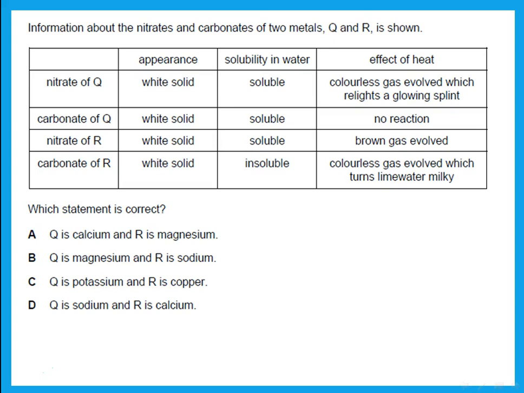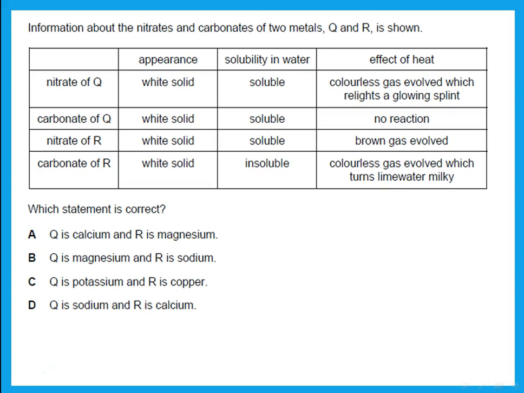According to D, Q is sodium. Yes, nitrates of sodium will give only oxygen when heated. And carbonates of group 1 are thermally stable. They do not break down by heat, so that is correct.